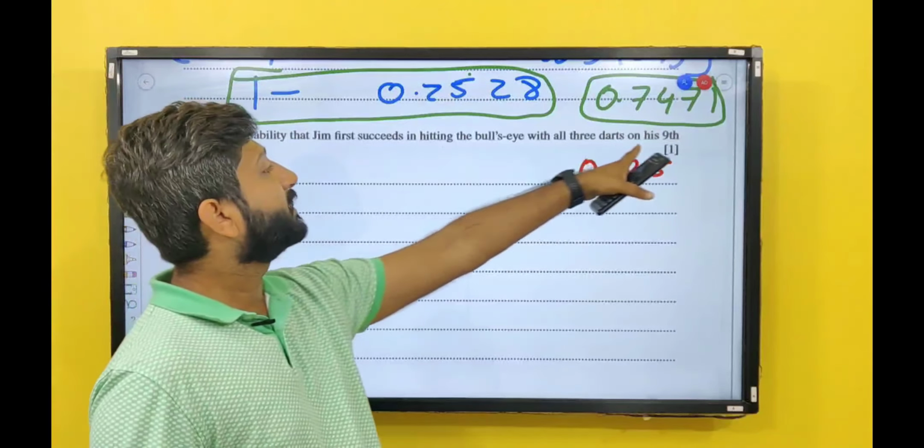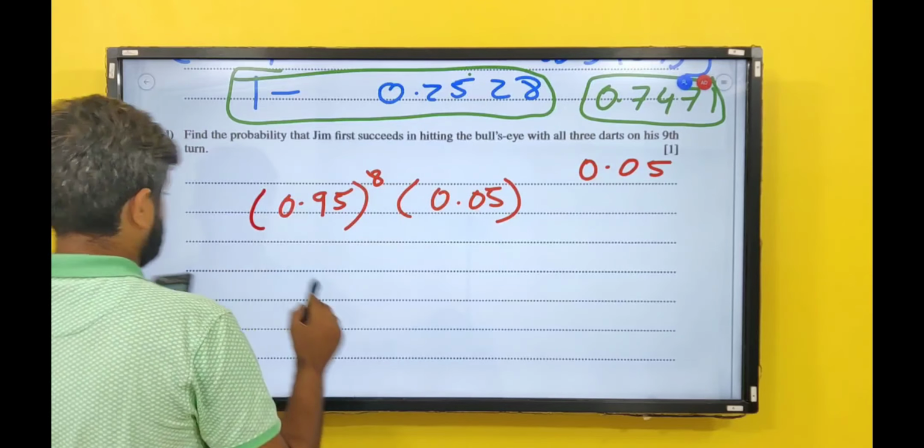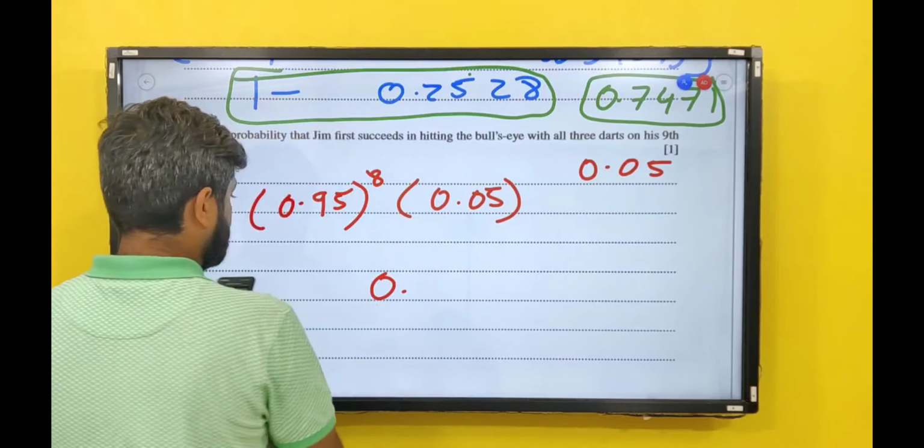But in the 9th throw, he will hit the bullseye. So you have 0.95 power 8 into 0.05, which is 0.03317 or 0.0332. This would be your answer.